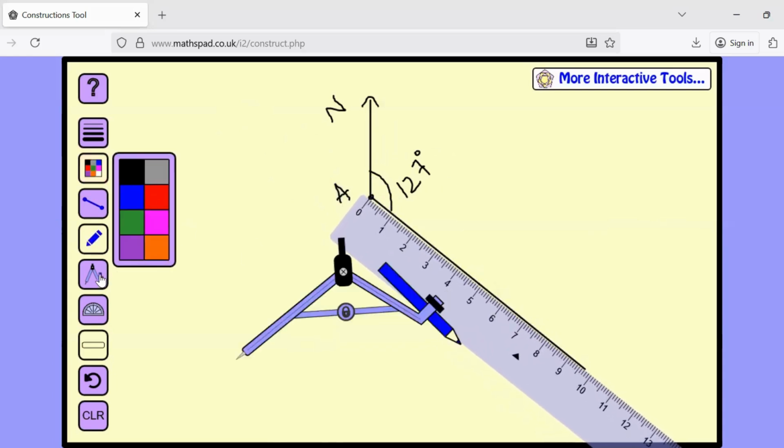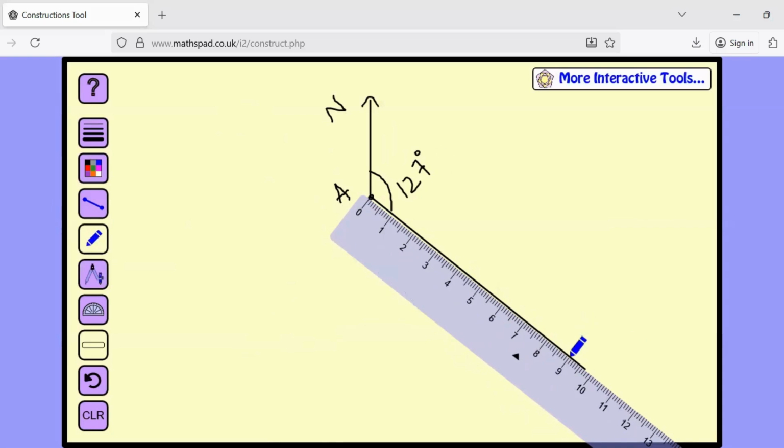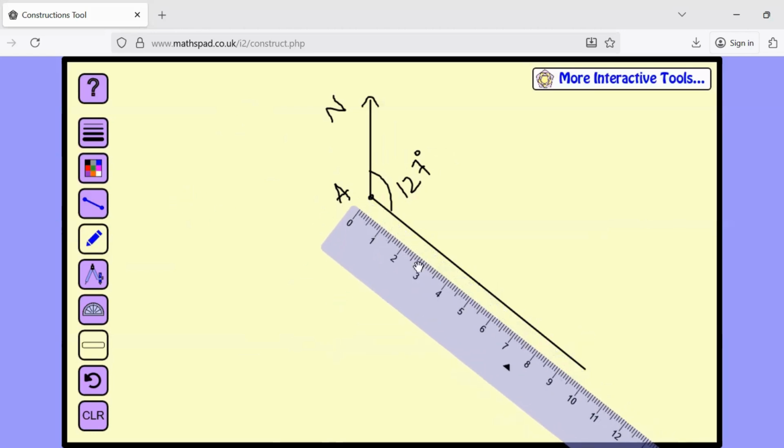And wherever you get it as 9, just mark a point over there.